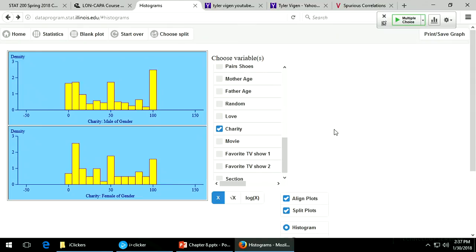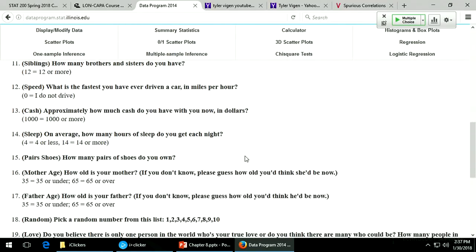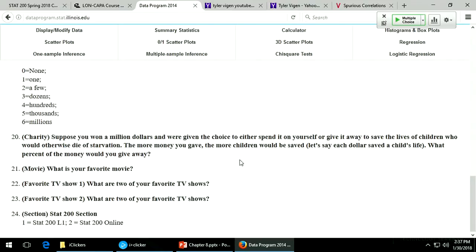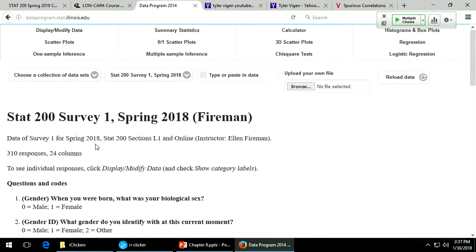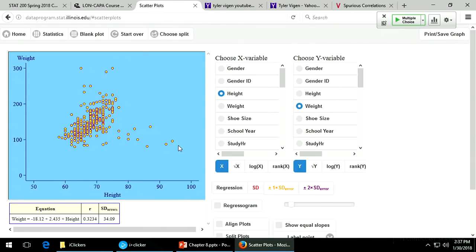Okay, and the last thing that we were going to look at, let's see what else we want to look at here. Why don't we look at this data, since we're talking about correlation, and see if you think there are any correlations here. I can show you what disappointed me tremendously, and that's that people were lying on their survey data. This never happened before, and just a few of you, the vast majority, probably nobody here, but some are lying. If you look at height and weight, look at this.